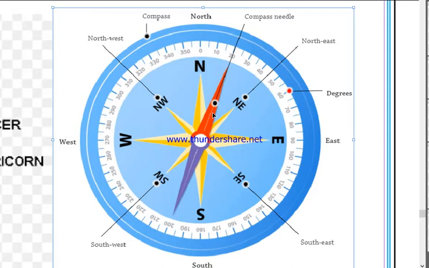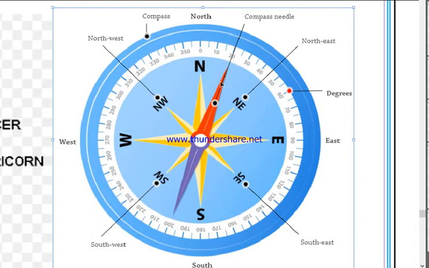So even if the actual north direction is here, the compass will not show it there. The compass will show it a little bit offset. The compass does not really point to actual north.